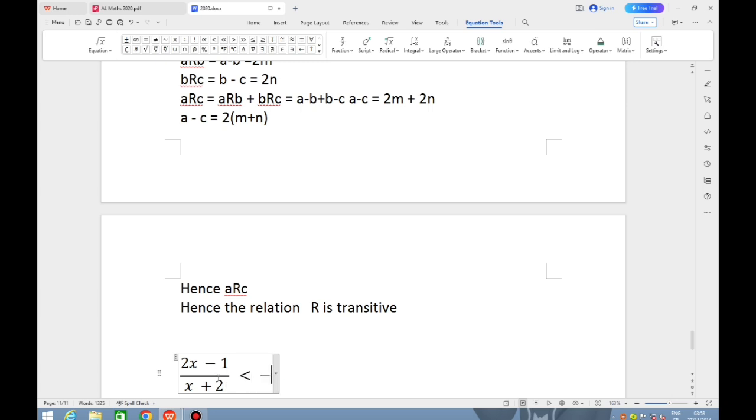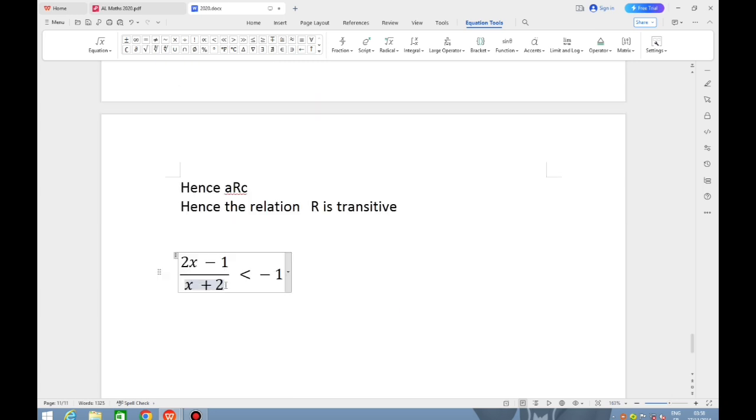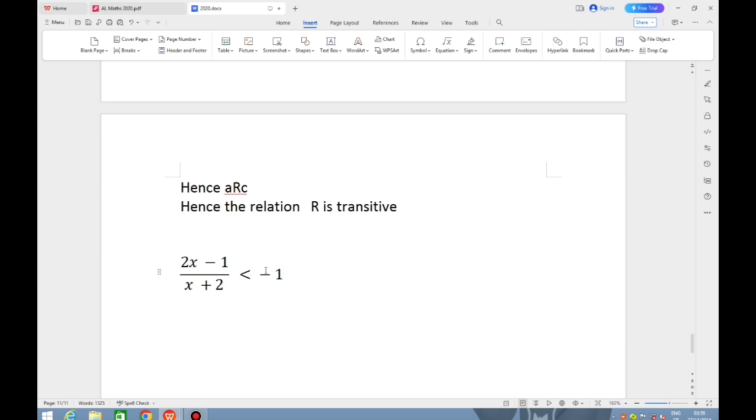Alright, so you have to understand that this denominator is not obvious, that is, the denominator is neither always positive nor always negative. In case x is less than negative 2, then the denominator becomes negative. In case x is greater than negative 2, then the denominator is positive. So we cannot cross multiply to get the range of values. Instead, what you are going to do is send the 1 this way and solve normally.